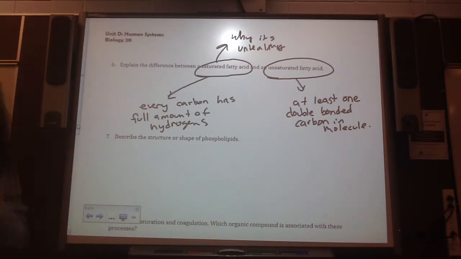Because it's harder for your body to process and break it down, so they build up and it causes blockages in your arteries. Okay? That's like a test question. You need to know why saturated fatty acids aren't as healthy. It's in your textbook, a whole explanation about it too.